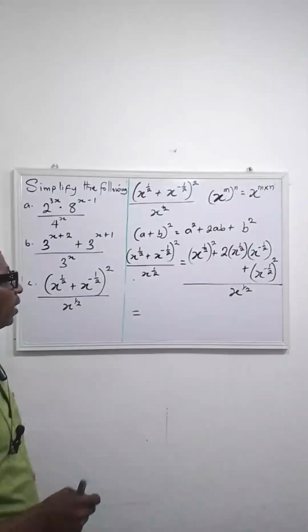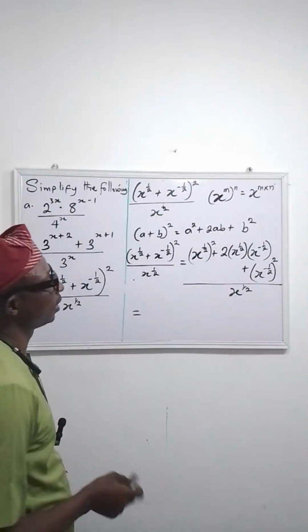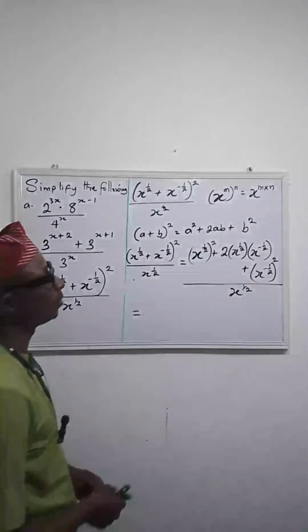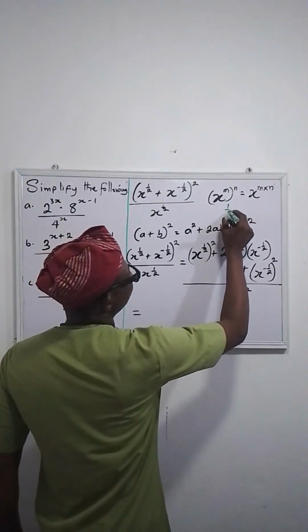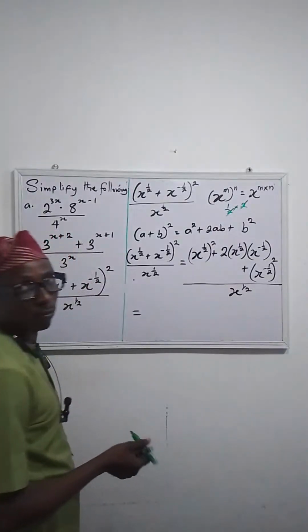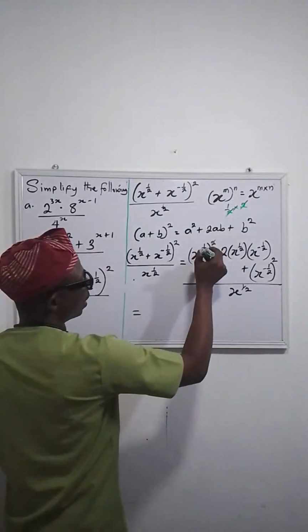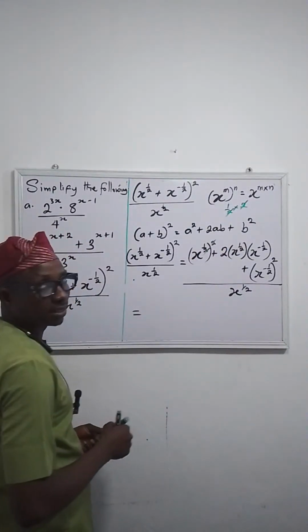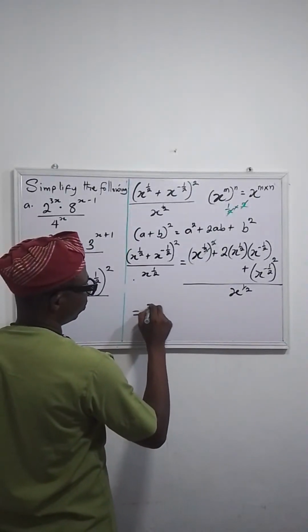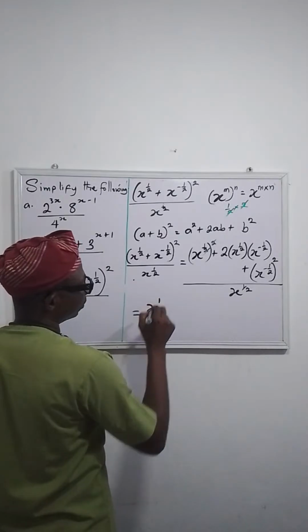In that case, this will multiply this. So half times 2. So 2 will cancel 2. So we have 1. So we have x raised to the power of 1. That's the first thing we have.